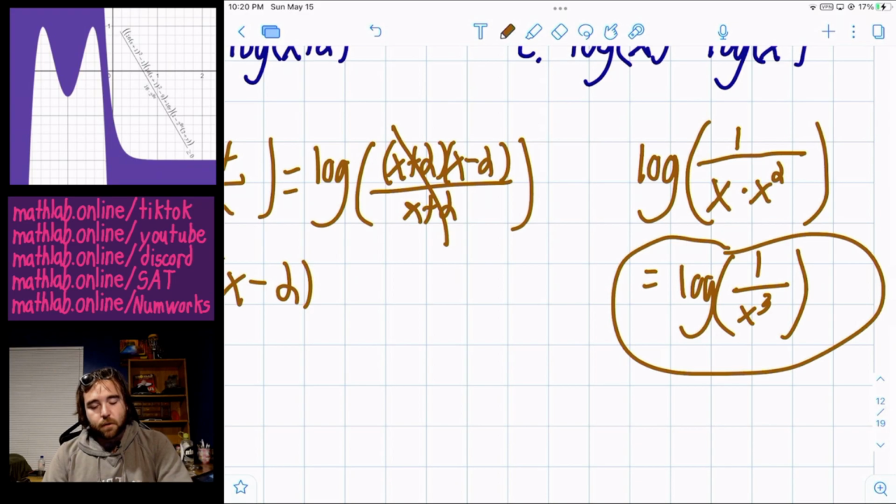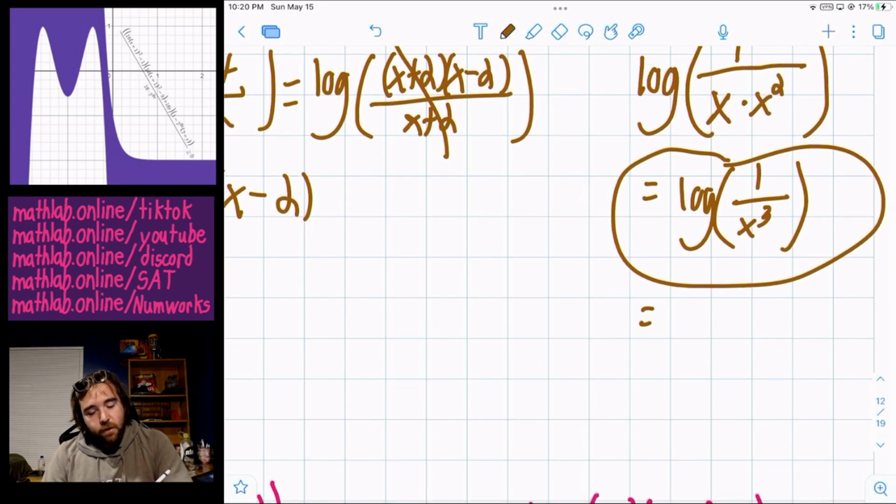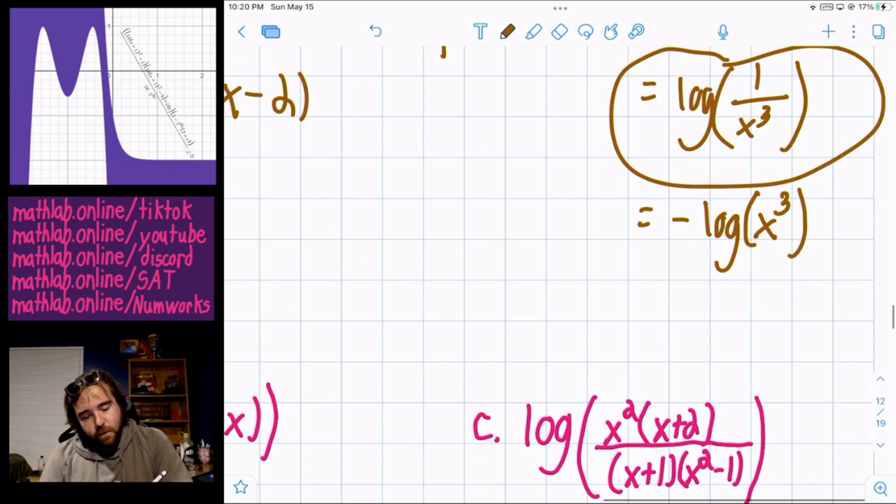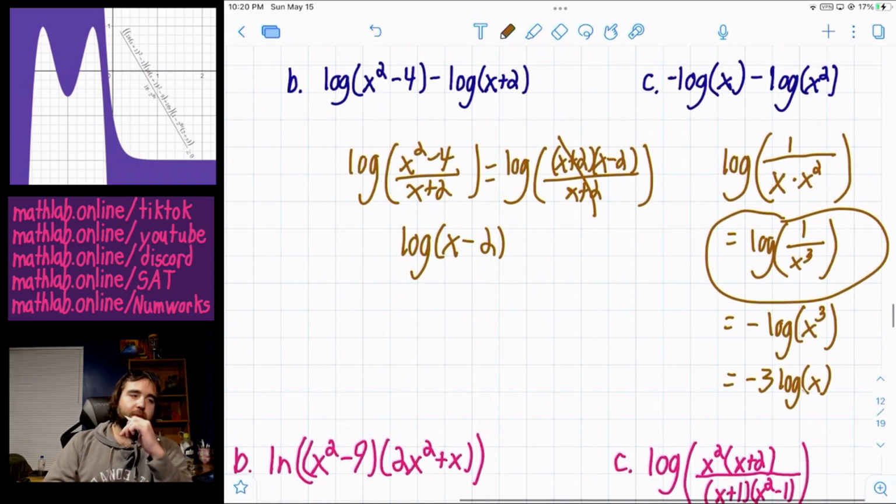So that's a good answer. If we wanted to, we could also make that negative log of x cubed. Or maybe we want to bring that 3 out to the front. Negative 3 log of x. That's pretty nice. That's probably the best answer, to be honest.